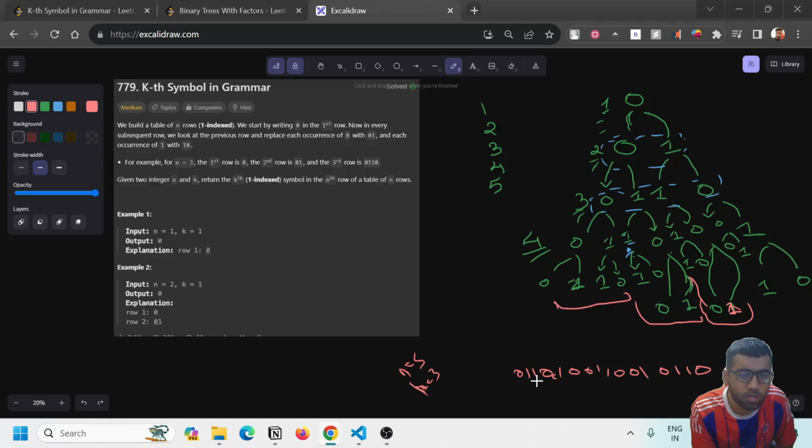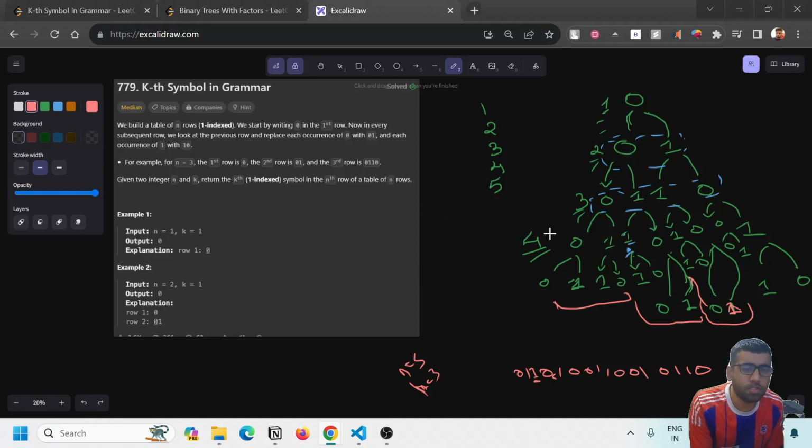So the third is this one, third index. Yes, we can definitely return this, and that is all we need to do. That is what the question is about, simple as that.